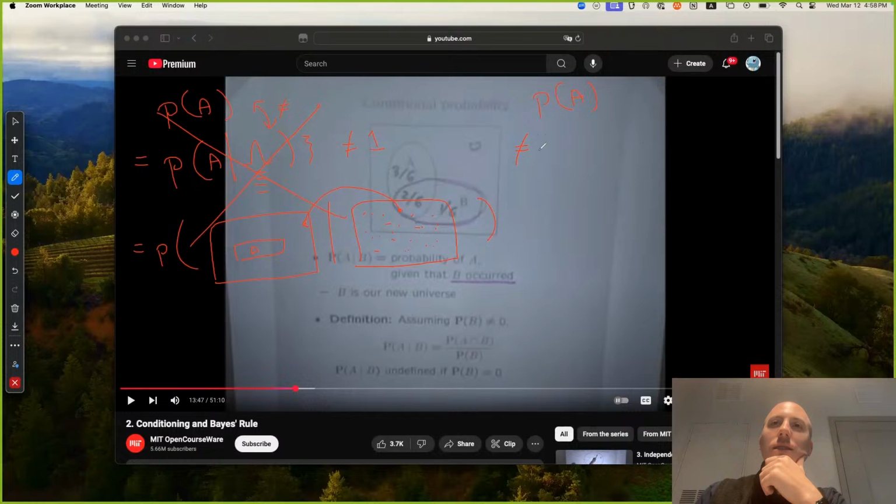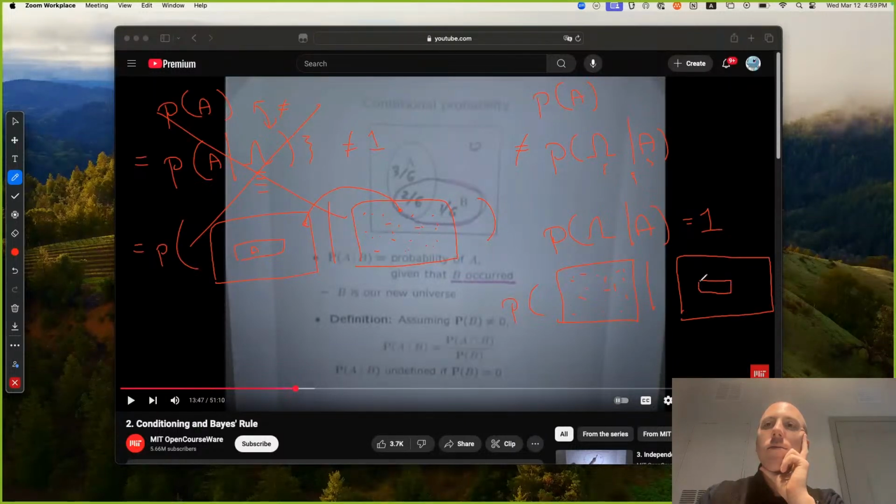You can't say that this is equal to the probability of sigma given A. But if we want to write down conditional probability in terms of an event, the probability of sigma given A is going to be equal to 1, because it's the probability that it lands anywhere in the whole thing given A, it's just in here.